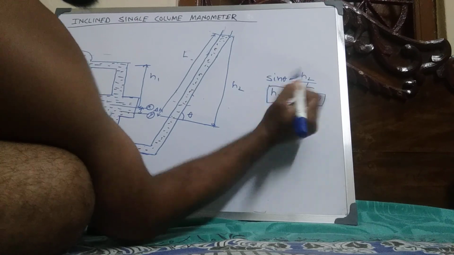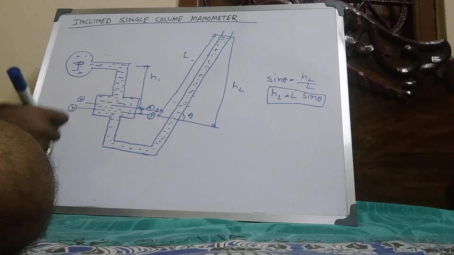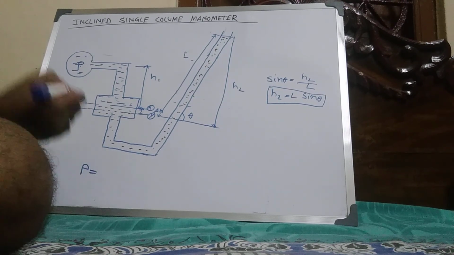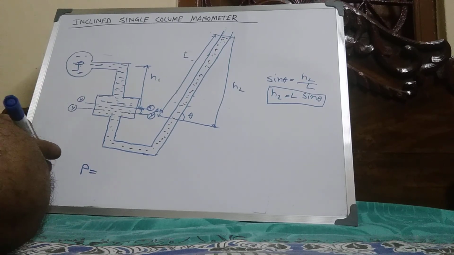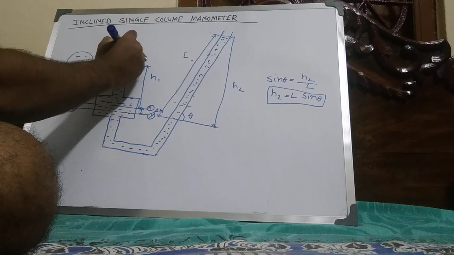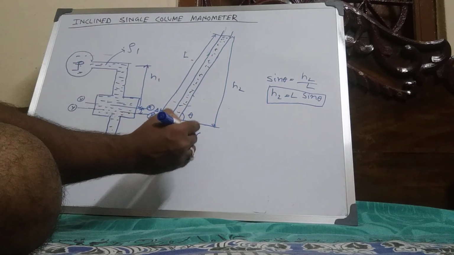The manometric equation: this is suppose rho 1, this is suppose rho 2.